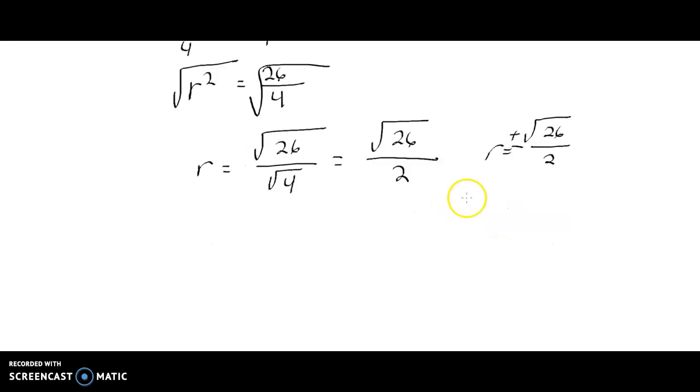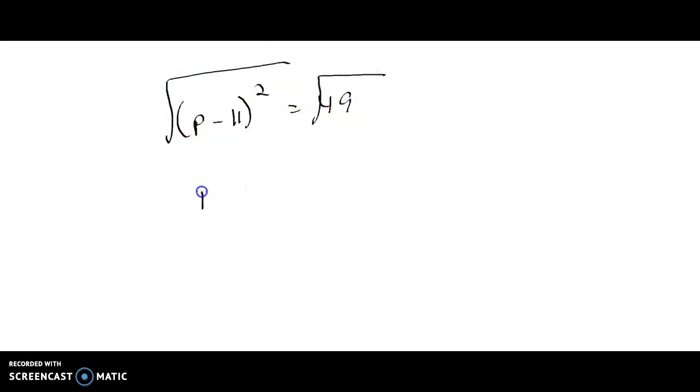So if we have a little bit more complicated of an equation, something like p minus 11 squared is equal to 49, I can do the same thing. I can take the square root of both sides, which pulls out my p minus 11 is equal to the square root of 49, which is plus or minus 7. So then I can solve for p.